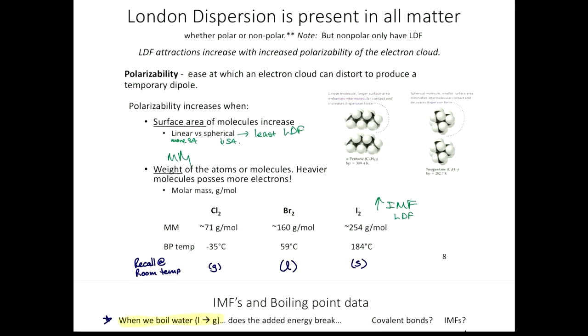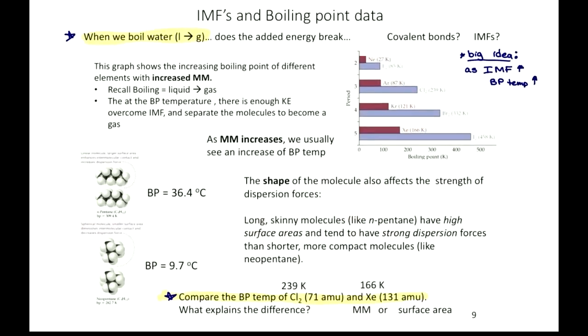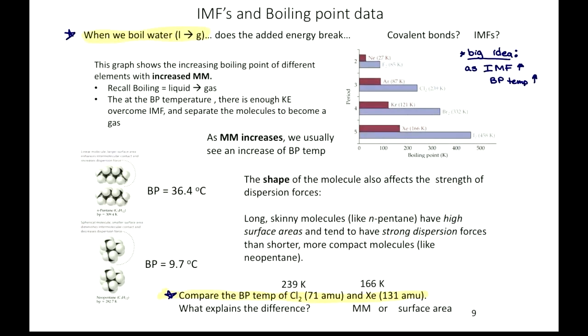And so I mentioned here how we oftentimes look at the degree and magnitude of intermolecular forces in a sample by looking at boiling point data. So remember, IMFs, intermolecular forces, where do they occur? Between atoms in a molecule or between molecules? Between molecules, yes.